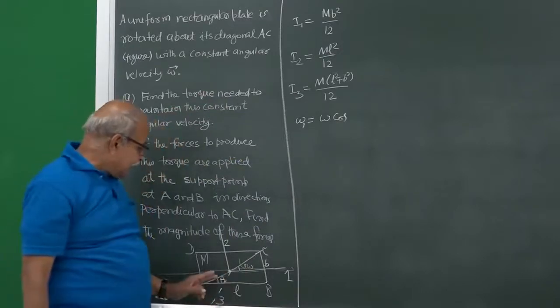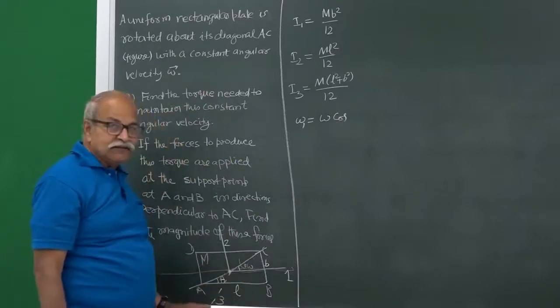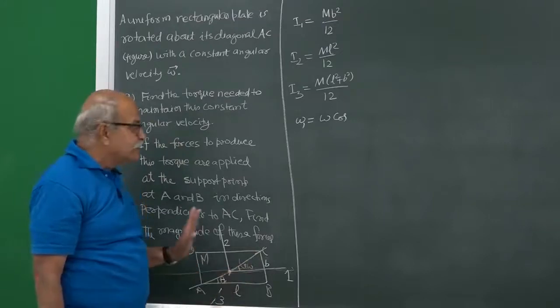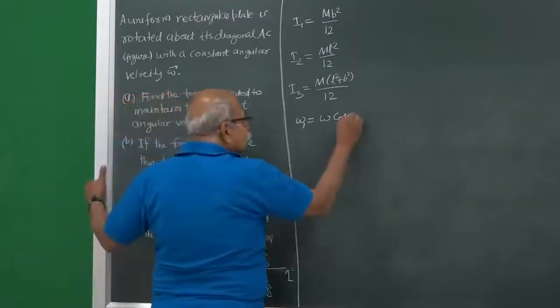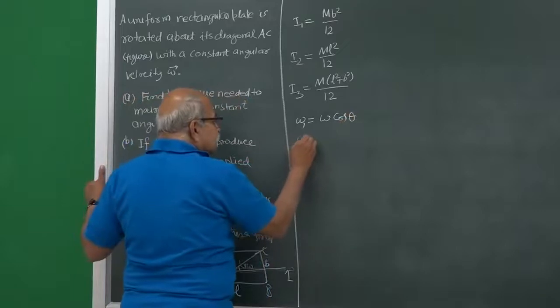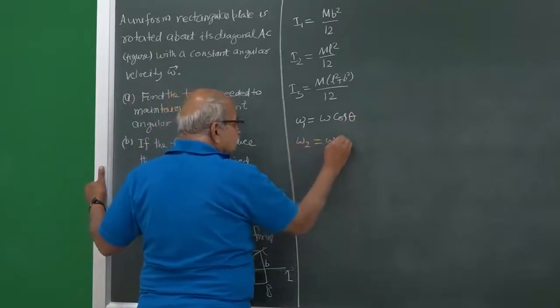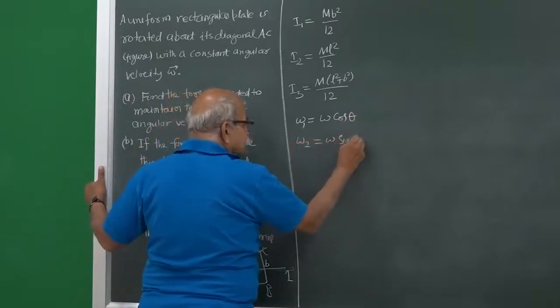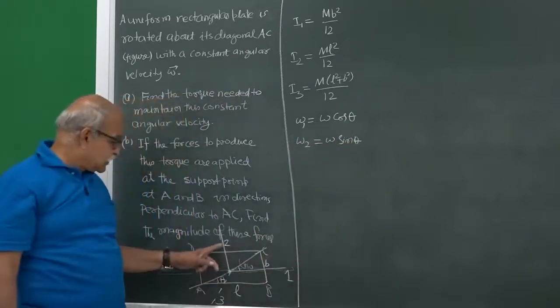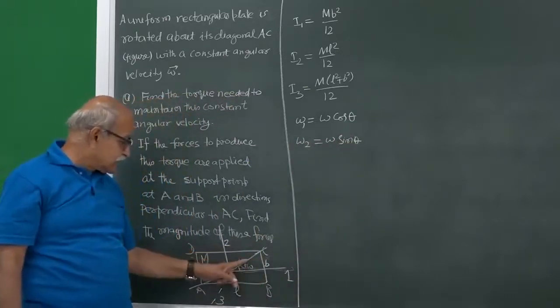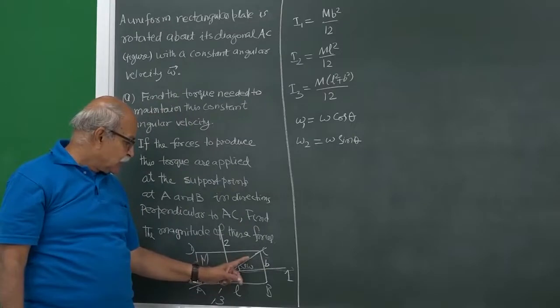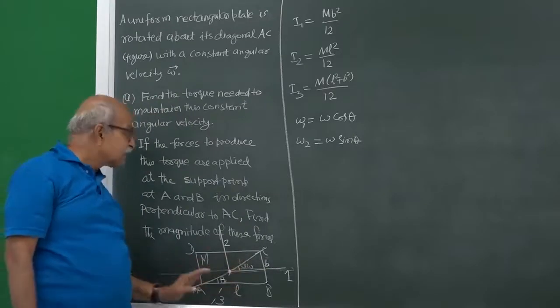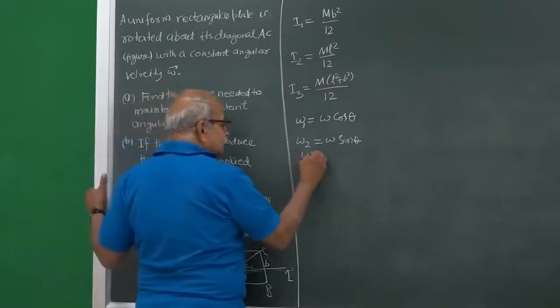We know what theta is, tan theta is b by L. So, it is known. So, this is omega cos theta, omega 2 is omega sin theta, because this axis and this line are in the same plane. So, omega cos theta this side, omega sin theta that side, and omega 3 is 0.